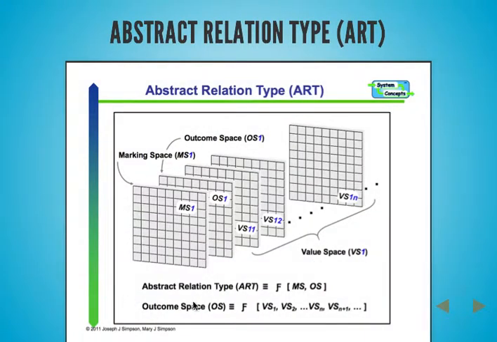The abstract relation type has three general parts: a marking space, an outcome space, and a value space. As we show here, we have multiple value spaces, but you can also have multiple marking spaces and multiple outcome spaces. Each of these can be represented by a matrix or some other mathematical form.